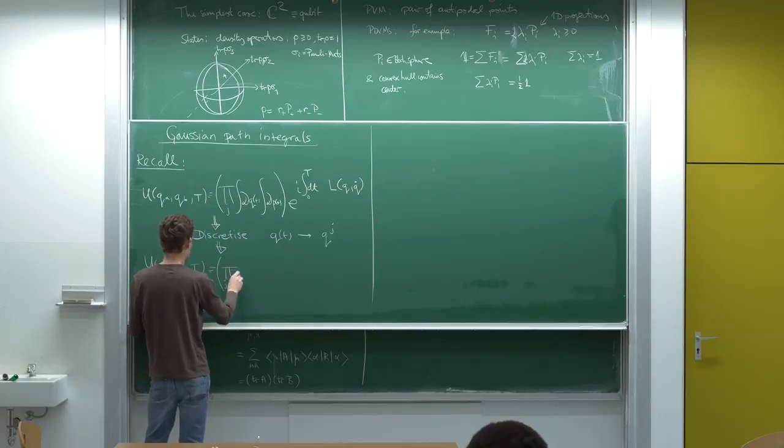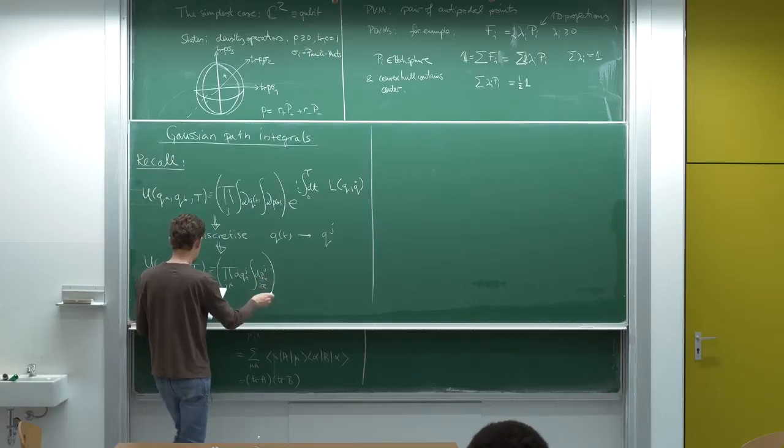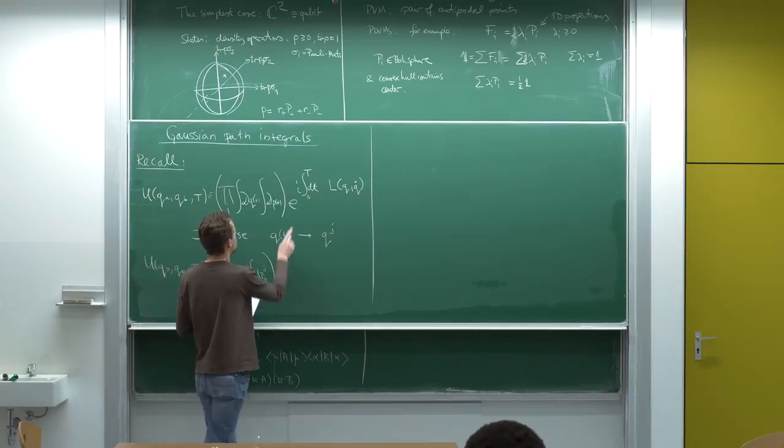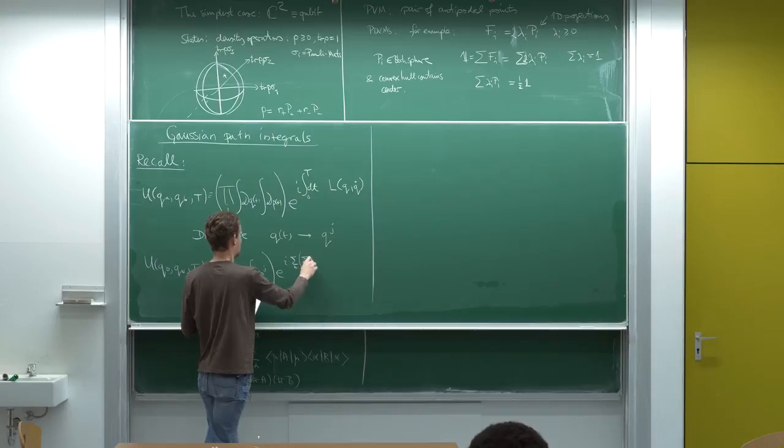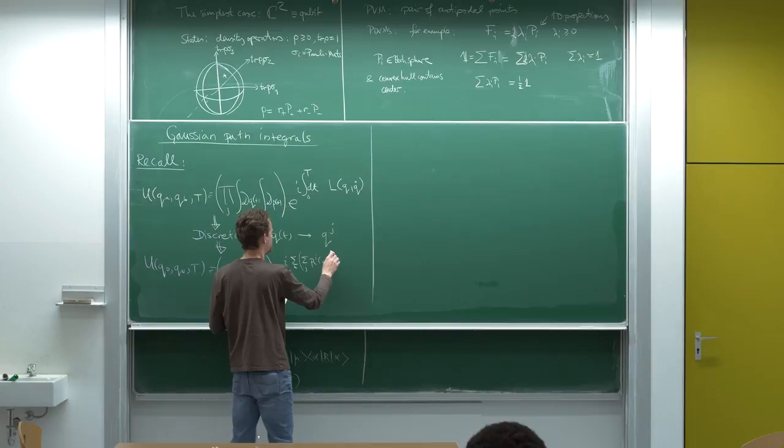And there's lots and lots of integrals to do here. And you discretize this nice integral here into, well, a less than nice sum. But it's something you can work with, so it's not so bad.